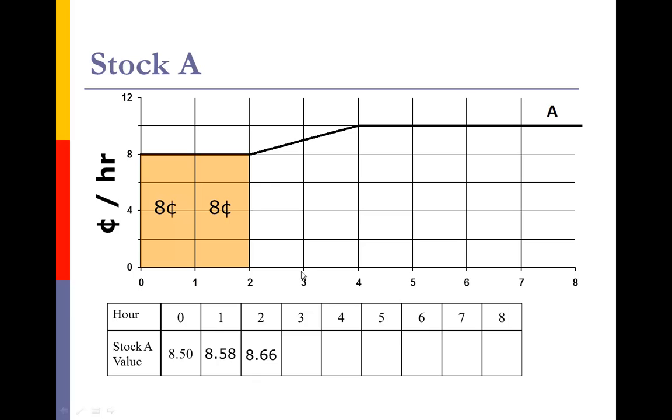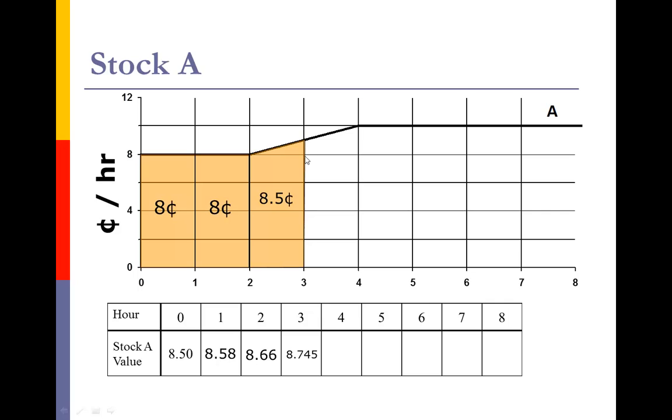Now for the third hour, we have a total area of 8.5 cents. How did I get that? Well, we've got a total area of 8 cents like before, plus this little triangle piece right here. This triangle piece is an increase of a penny, with a base of 1.